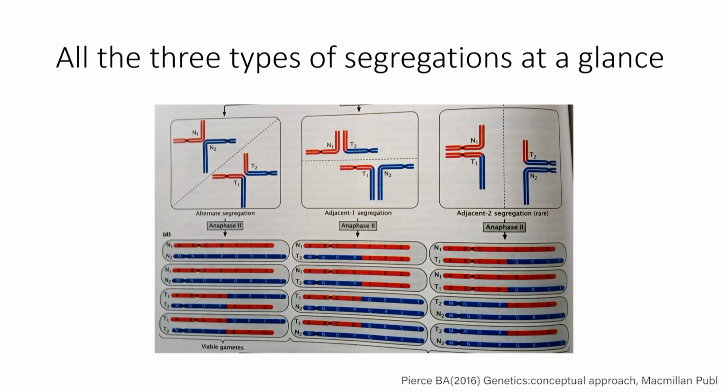So if I take all the 3 together, you will find that only this combination has the complete genome, and the rest do not, and these gametes will die. So in other words, this will also not give you any viable gamete where the combination is different from the parental.